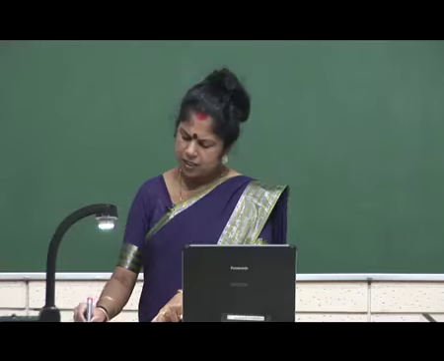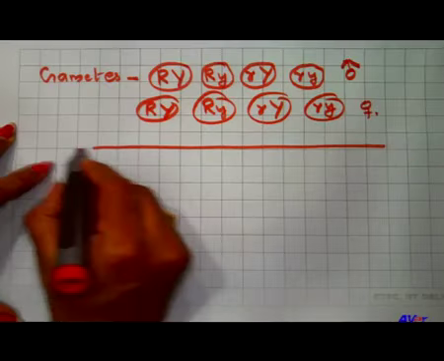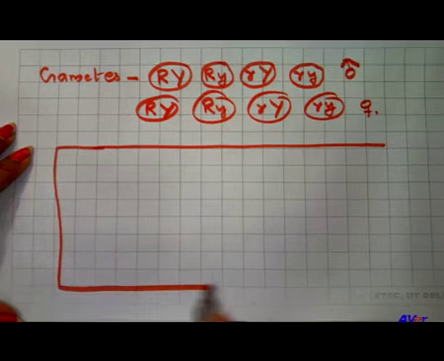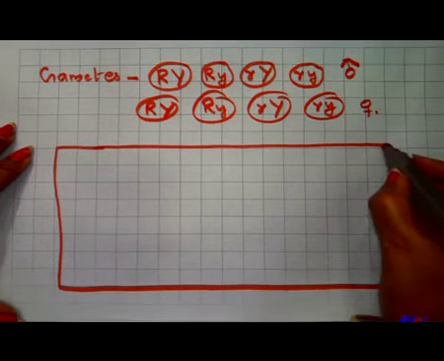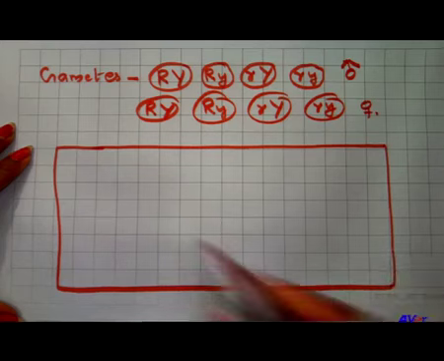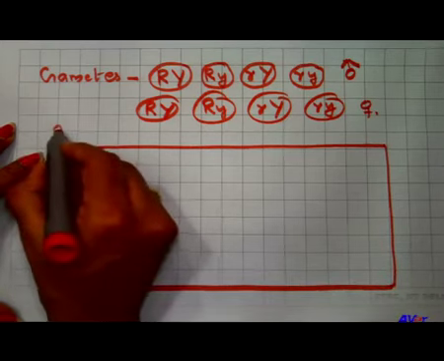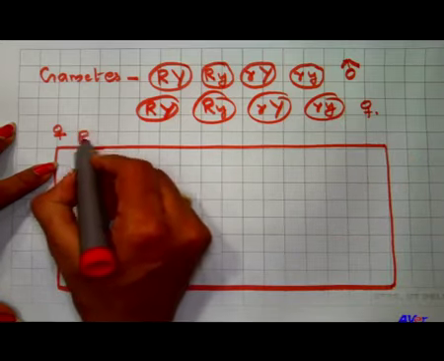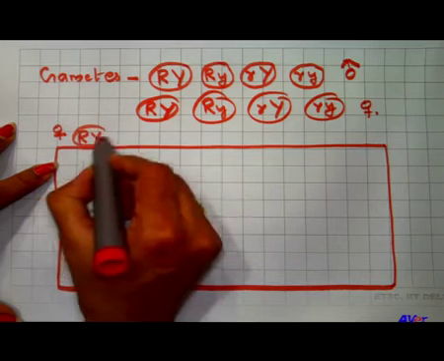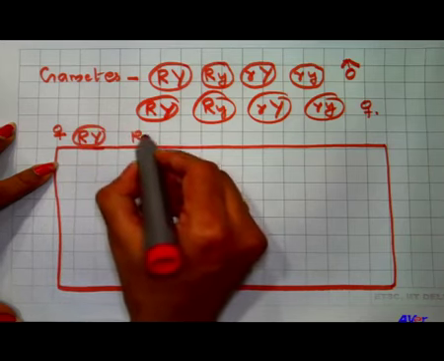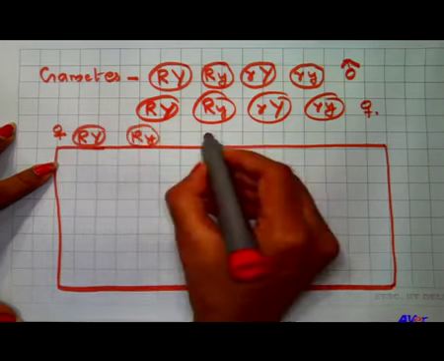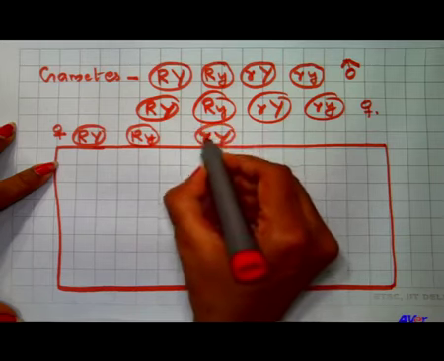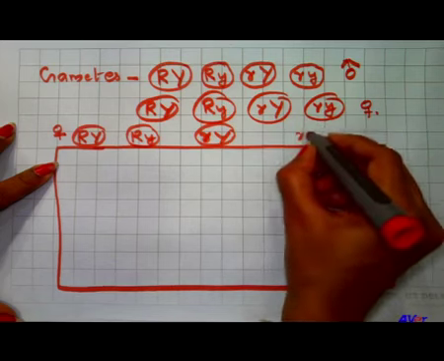Now, we can represent these gametes in a Punnett square. Female gametes, for example, capital R capital Y, capital R small y, small r capital Y and small r small y.